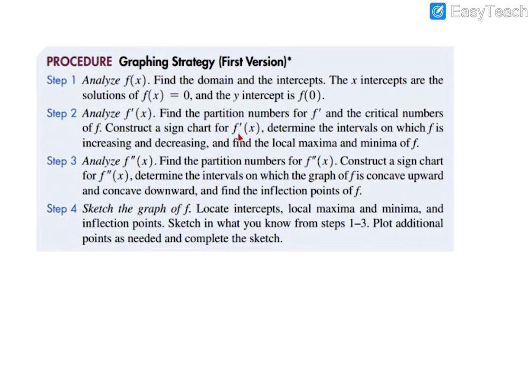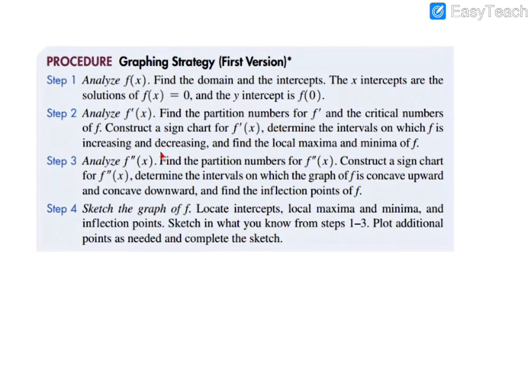As you know, all critical numbers are partition numbers, but some partition numbers may not be critical numbers. So construct a sign chart for f prime. Determine the intervals on which f is increasing and decreasing by using this sign chart, and find the local maxima and minima of f if they exist. So this is related to the first derivative.